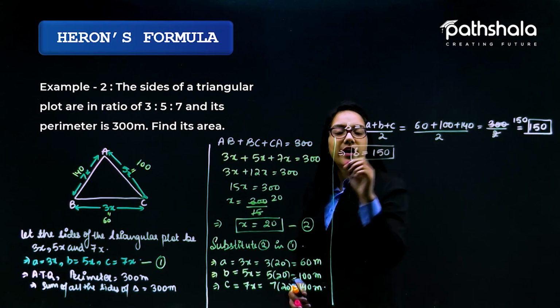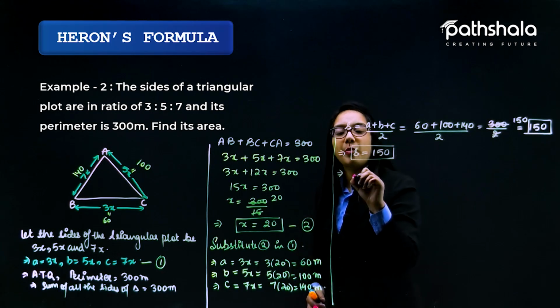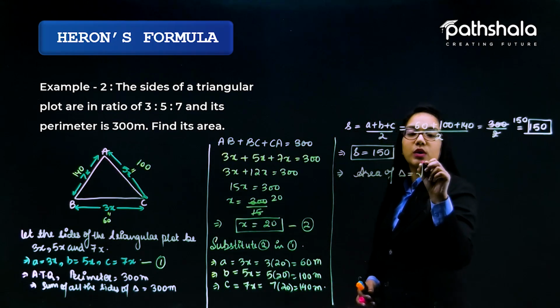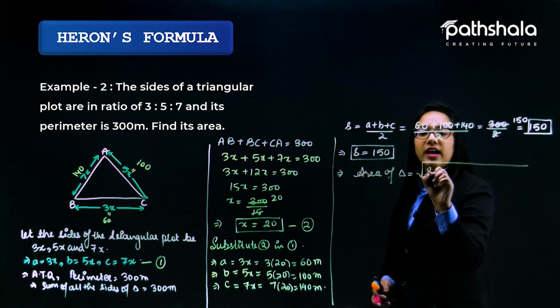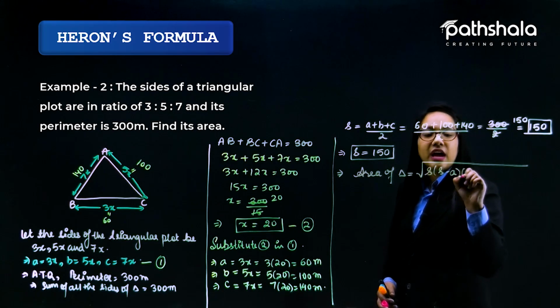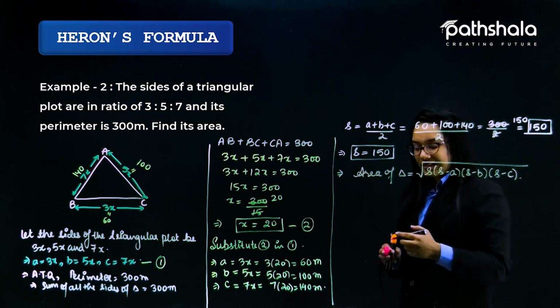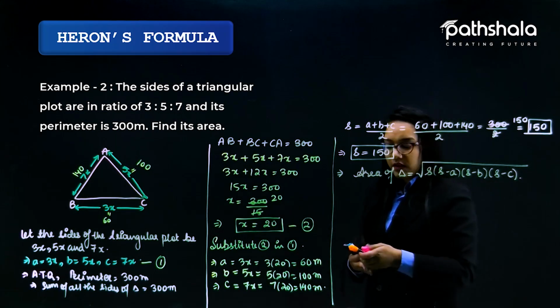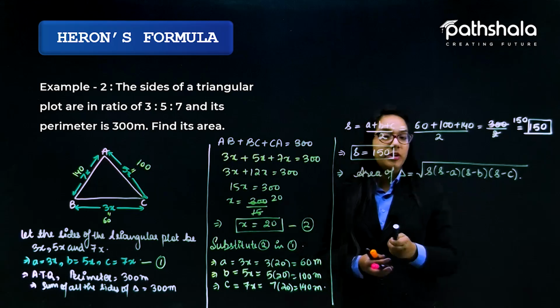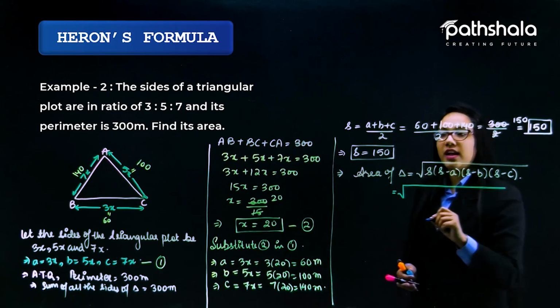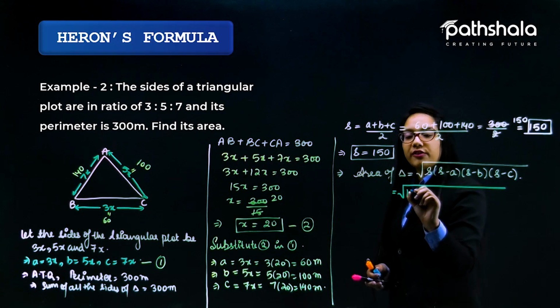Let's plug all the values into Heron's formula. The area of the triangle is the square root of S times S minus A, S minus B and S minus C. The value of S is 150.